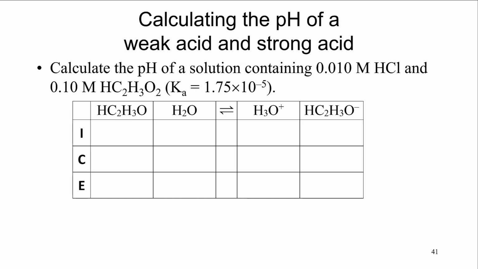Now, the reason we do this one is because it's easier to explain it first. So let's say you have a strong acid and you put it in water and you wanted to calculate the pH. Well, all you need to do at that point is assume it's 100% ionized, and then take the negative log of the concentration, and if it's an acid, that gives you the pH, and if it's a base, it gives you the pOH.